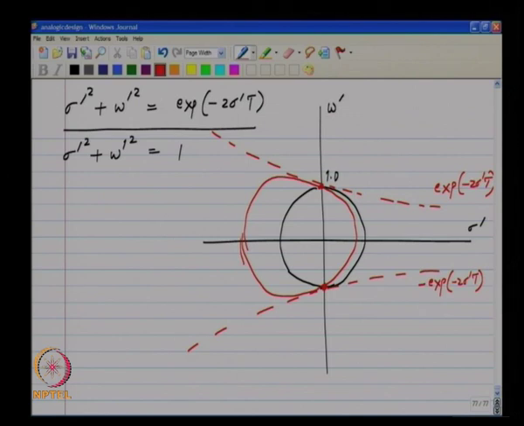This is for a particular value of tau, and if you increase the value of tau, you will find that it may not even form a closed loop, it may go off to infinity, because the exponential for negative values of sigma prime becomes very large. Okay. So, in fact, it may look something like this.